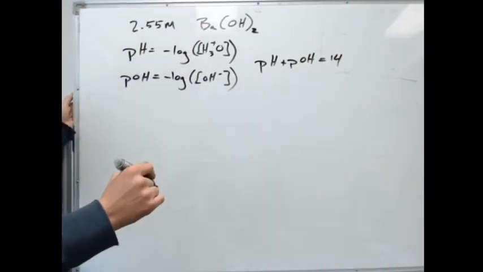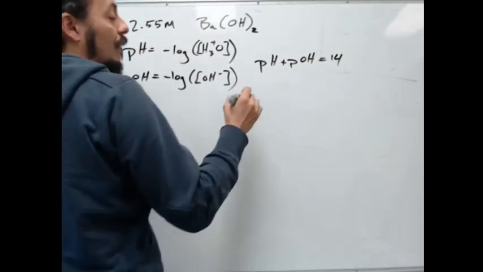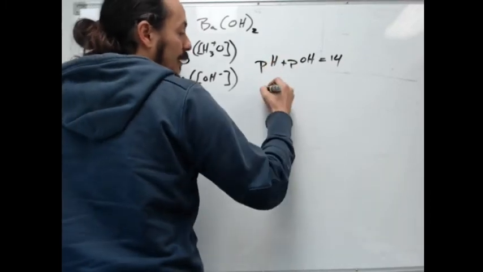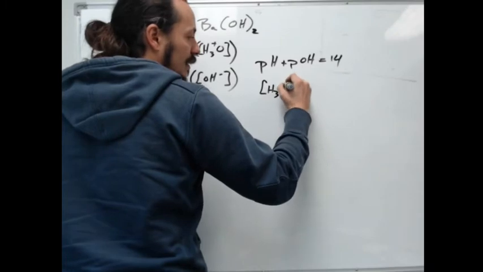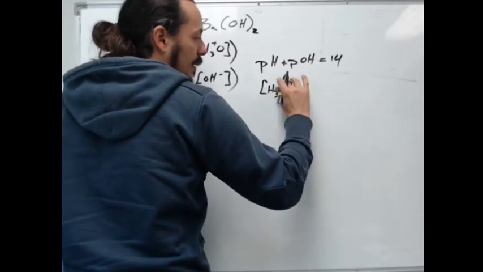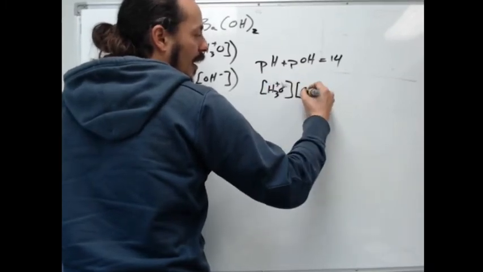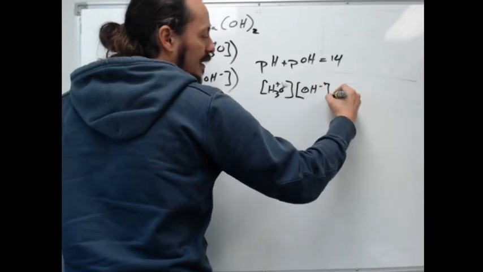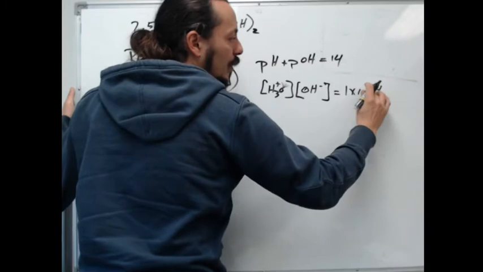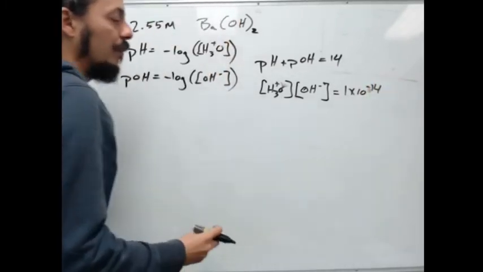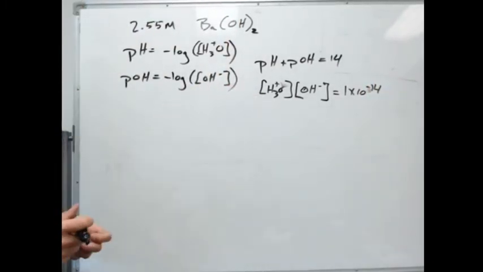And part of the reason we can do pH plus pOH equals 14 is because our H3O plus concentration times our OH minus concentration is equal to 1 times 10 to the minus 14. This is from the autoionization of water, water's equilibrium.